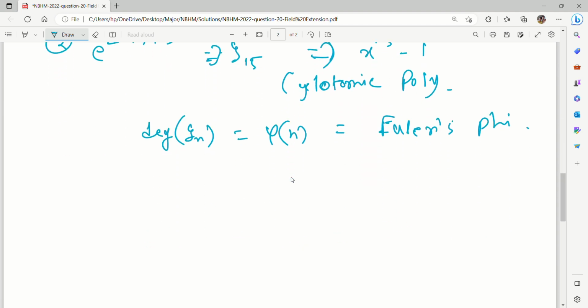So basically we have to find phi of 15, and we know that phi is a multiplicative function. You might already know this result, and you can find it in Burton. It's a quite well known result that phi is multiplicative. So we can split phi of 15 into phi of 3 times phi of 5. How do you compute this?